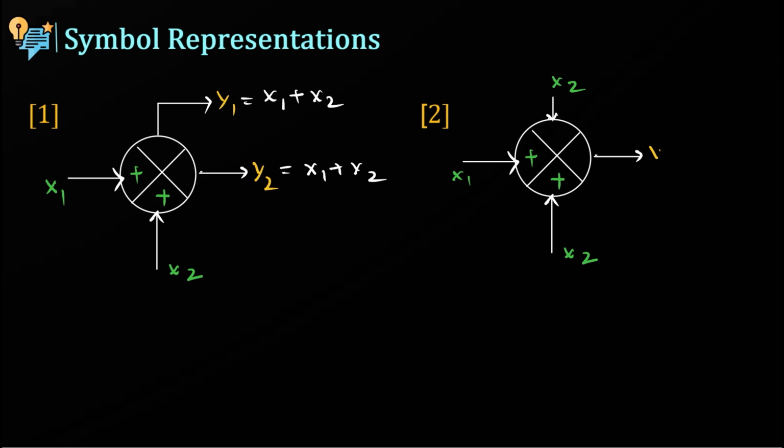My output y will be x1 plus x2 minus x3. So this is how you get the output for a three-input summer block.